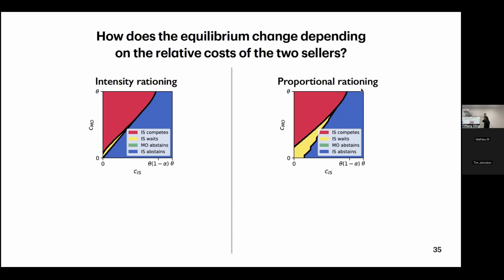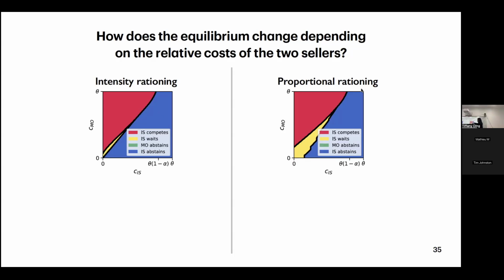So we see that when it's very expensive for the marketplace operator to acquire the good, the equilibrium that they will want to get is that they want the independent seller to compete. This makes sense because it's expensive for the marketplace operator to sell the good themselves. So they'd rather get the independent seller to sell it.